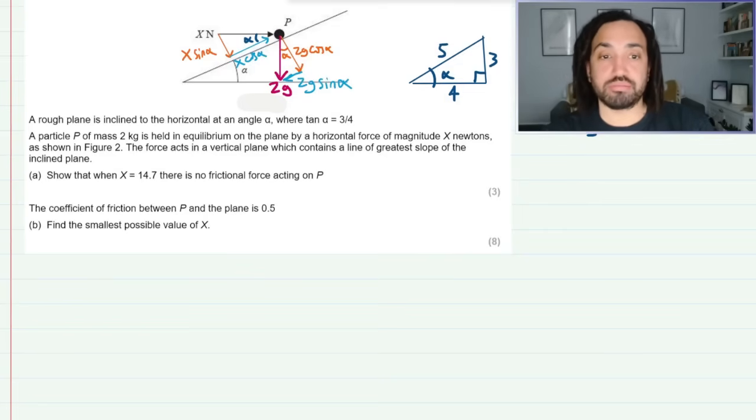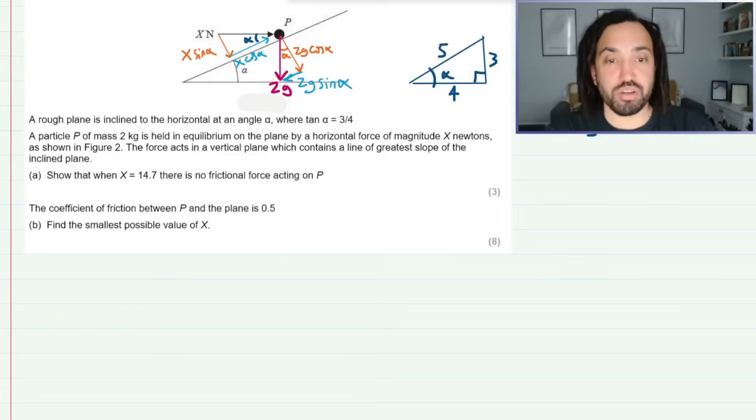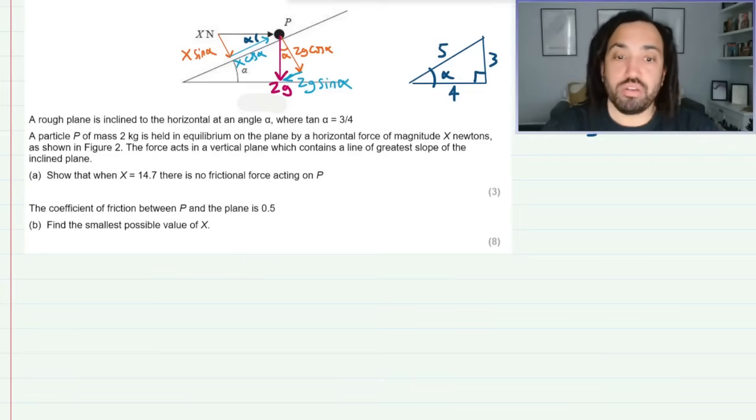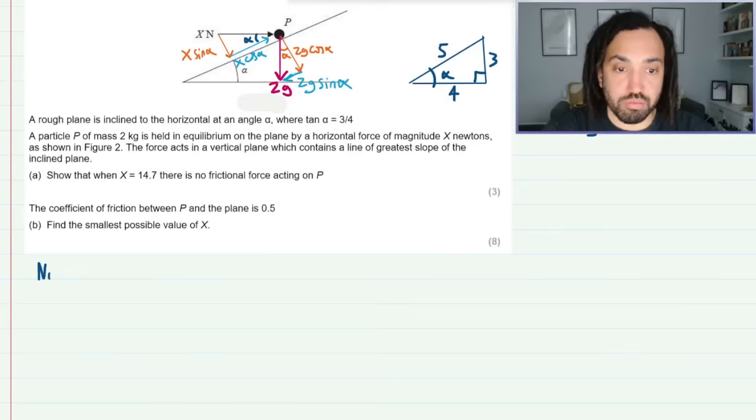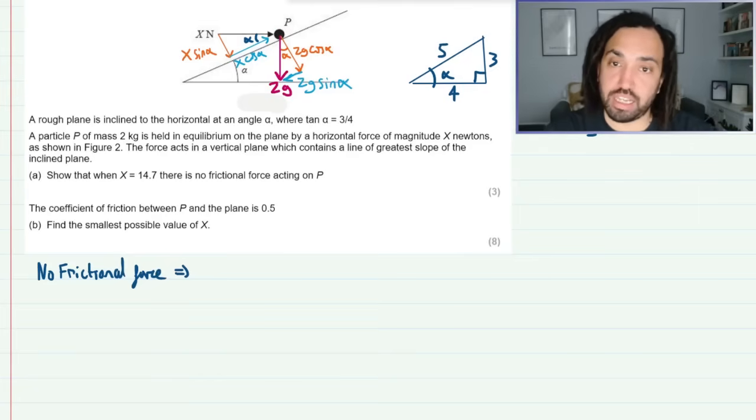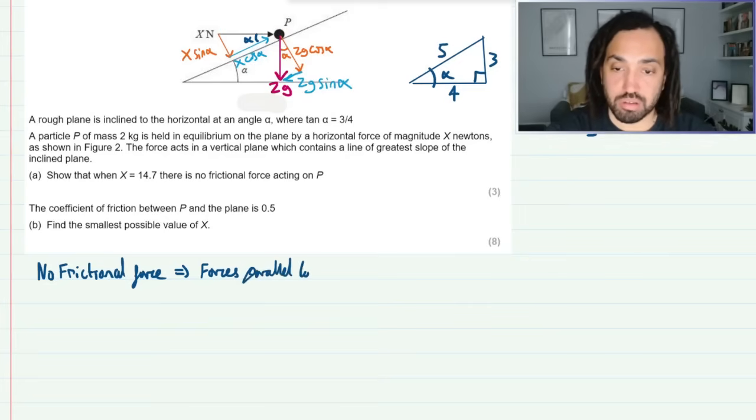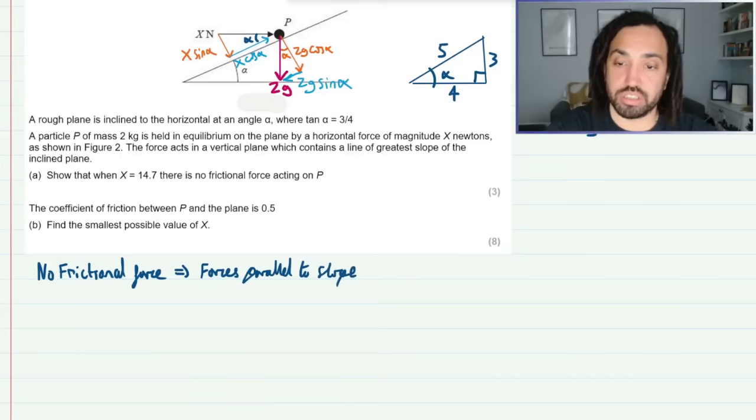Okay, it says, show that when X is equal to 14.7, there is no frictional force acting on P. Okay, so no frictional force would imply that the forces parallel to the slope are balanced.